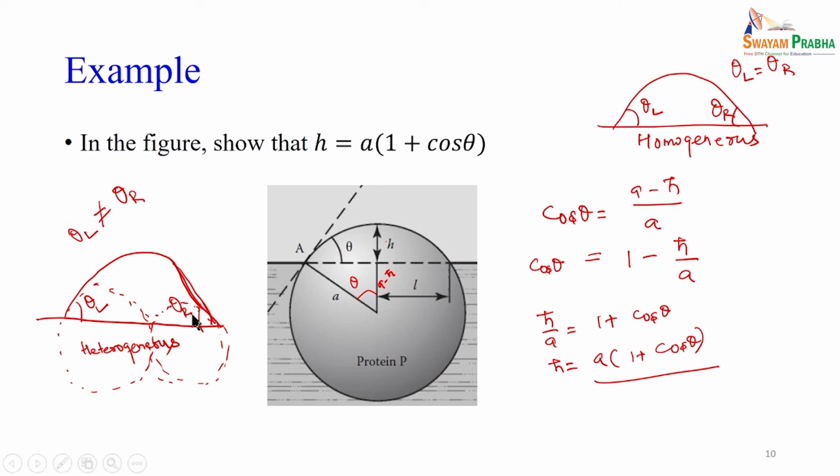It is not necessary that the whole shape be fitted with one circle, because of some physical or chemical heterogeneity, the surface tension and interfacial tension at the two sides are not the same, and we are going to have a difference between the left and right contact angle. In that case, you might need to fit a different circle for the left and a different circle for the right.